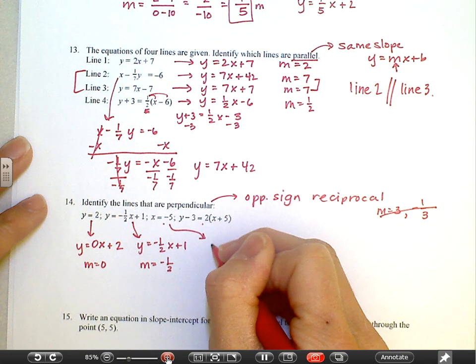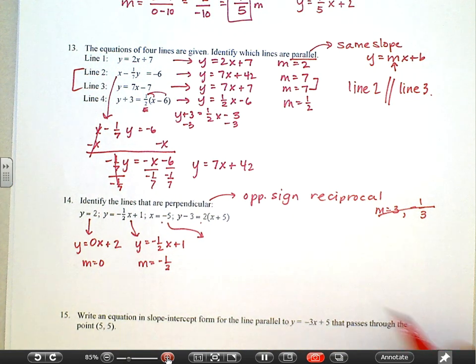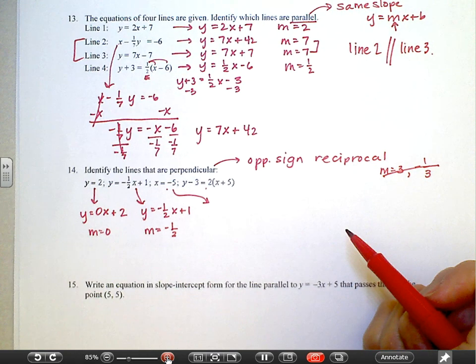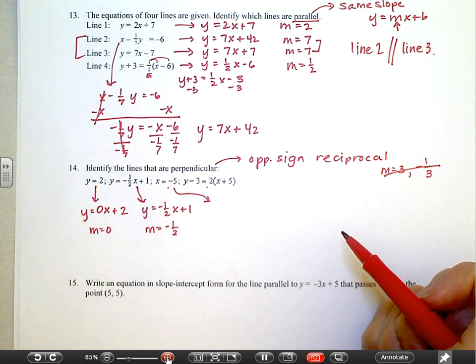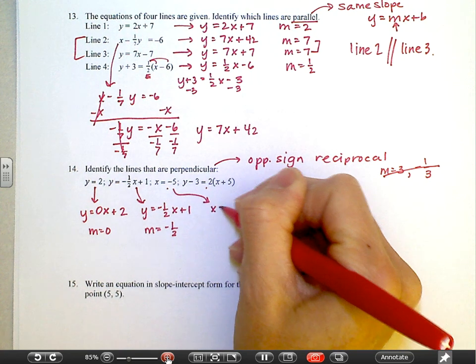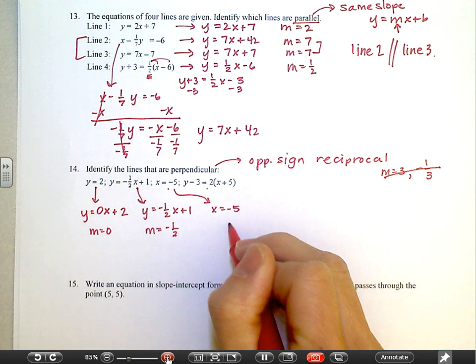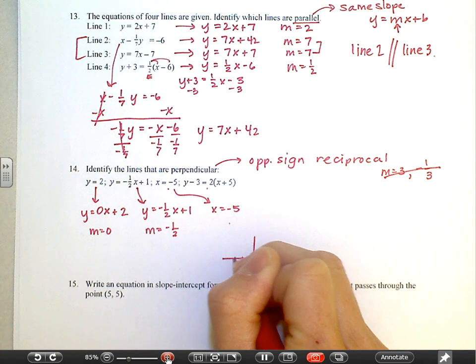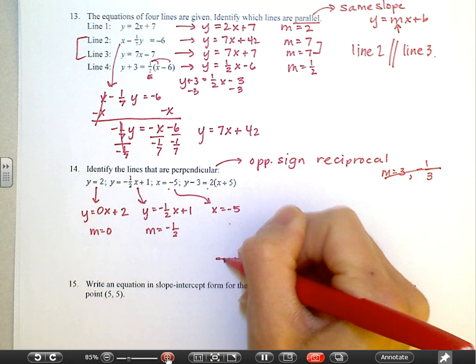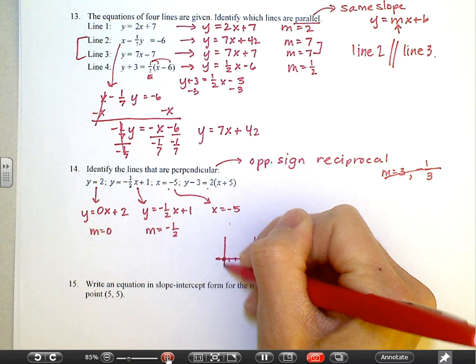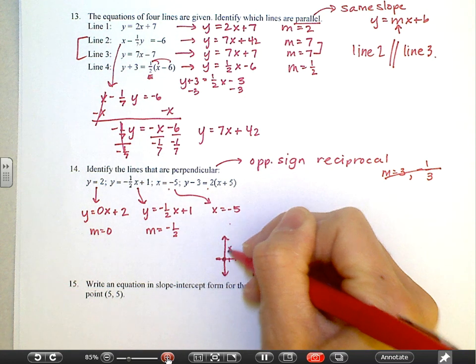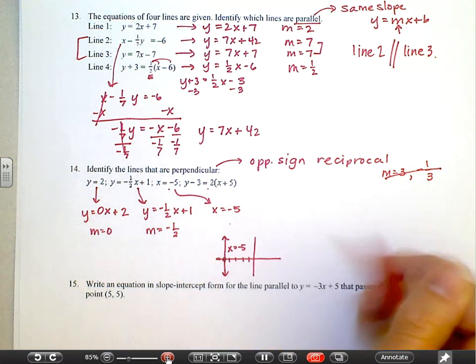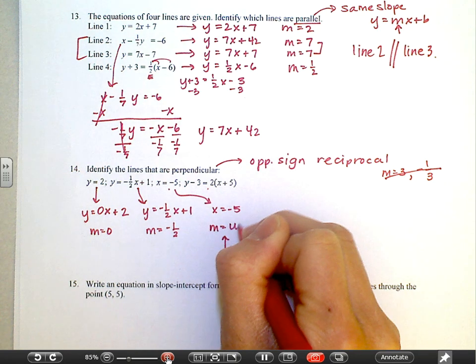For x equals -5, I can't say it's in slope-intercept form because it's not, but x equals -5 would be 1, 2, 3, 4, 5. It would be a vertical line going through -5. So this slope is undefined.